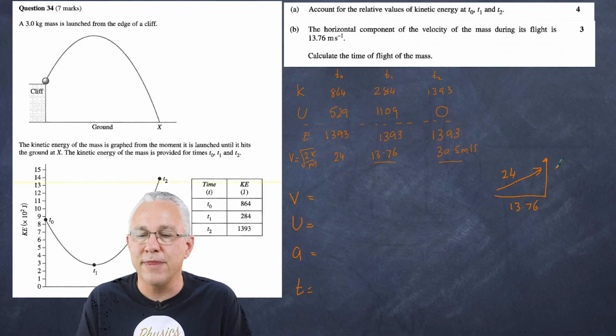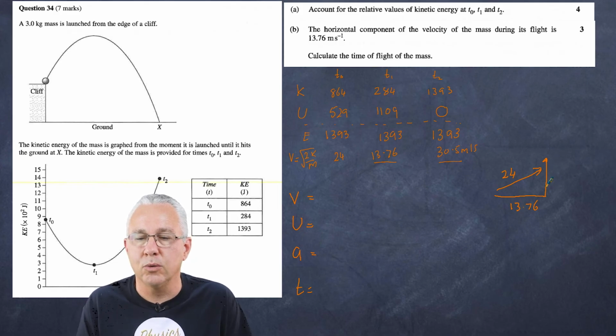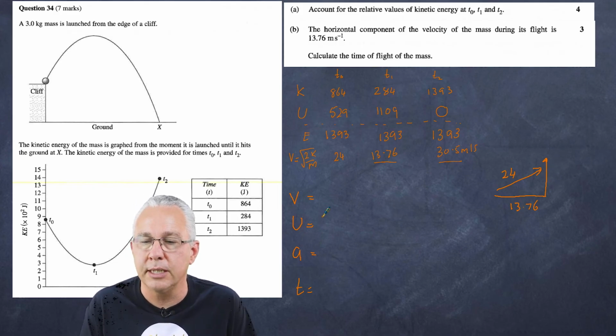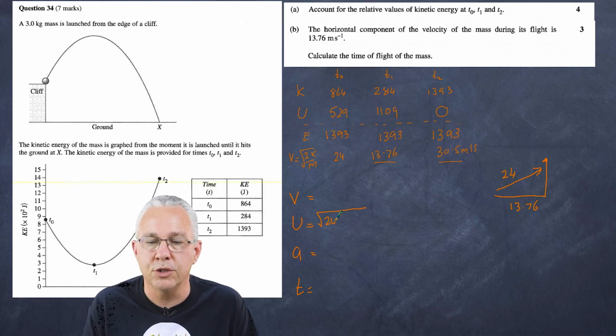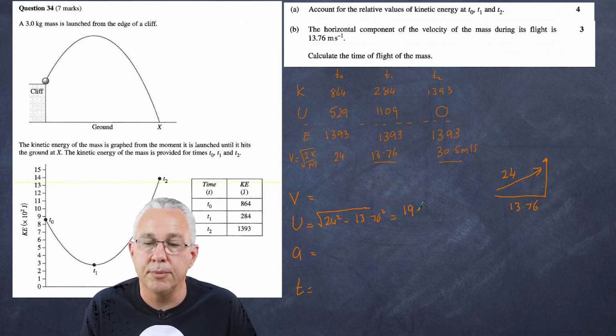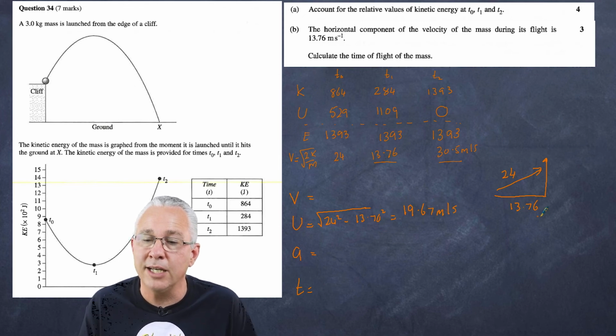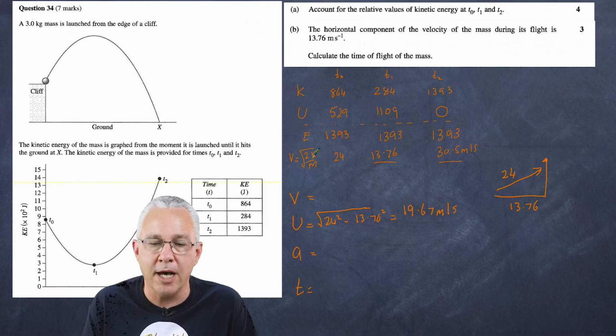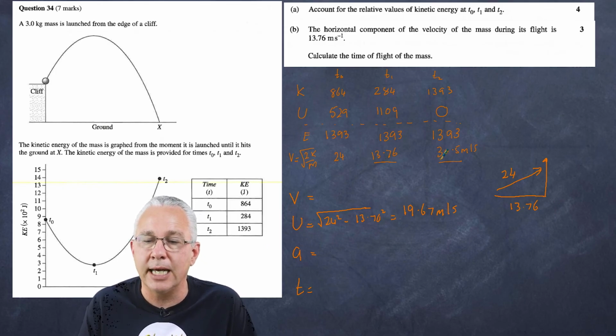I now can use Pythagoras to work out the vertical component. So the initial velocity ends up being the square root of 24 squared minus 13.76 squared. That ends up being 19.67 meters per second.